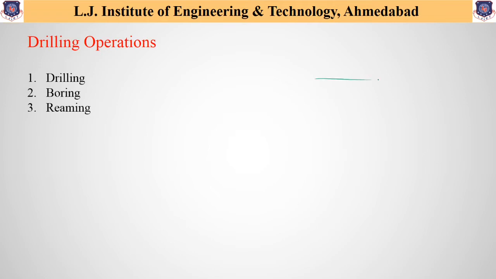So if a hole is already available on any workpiece and this reaming tool is used, which is fed toward the workpiece and rotated about its axis, this reaming tool is used to obtain the finished hole of accurate shape and size after the drilling operation.